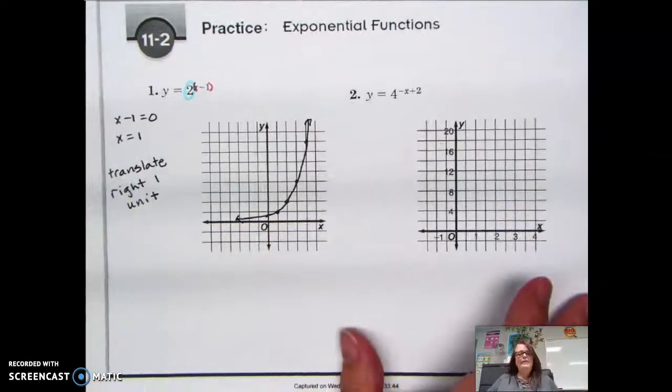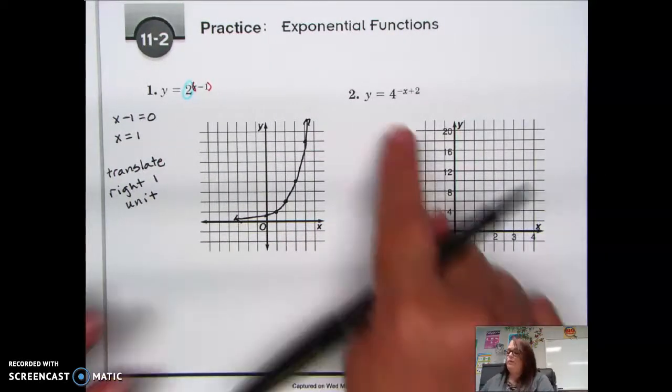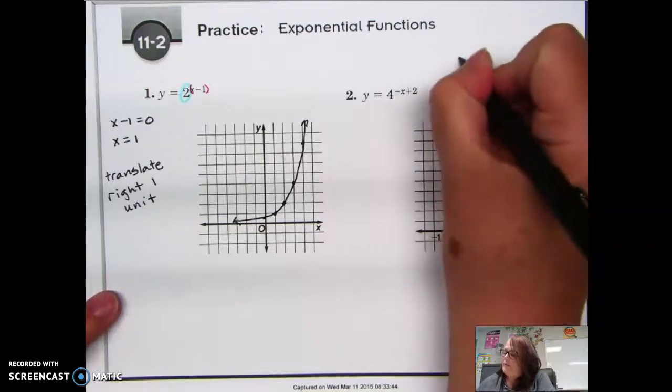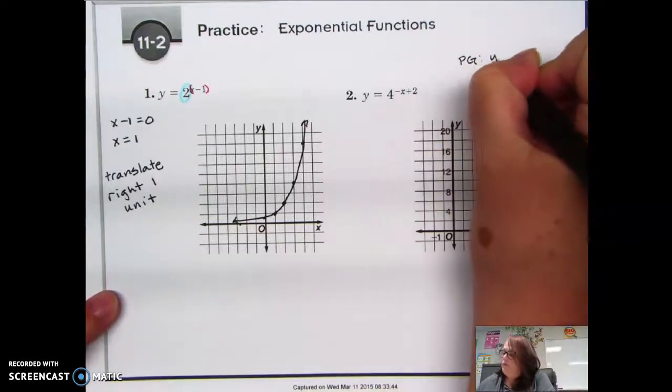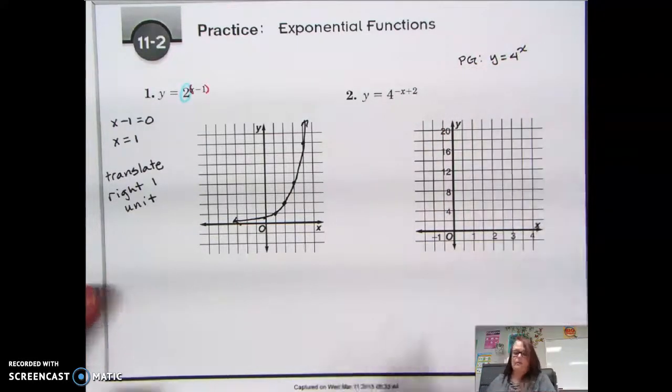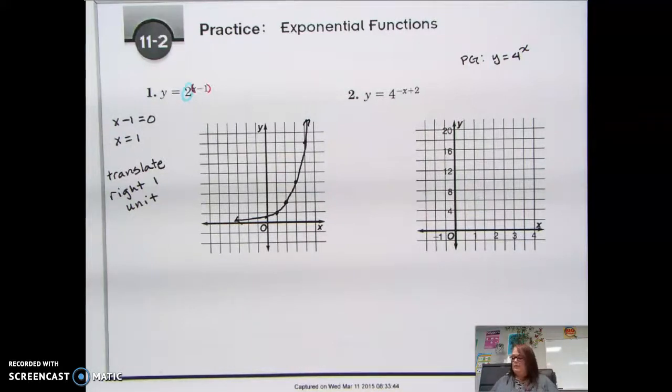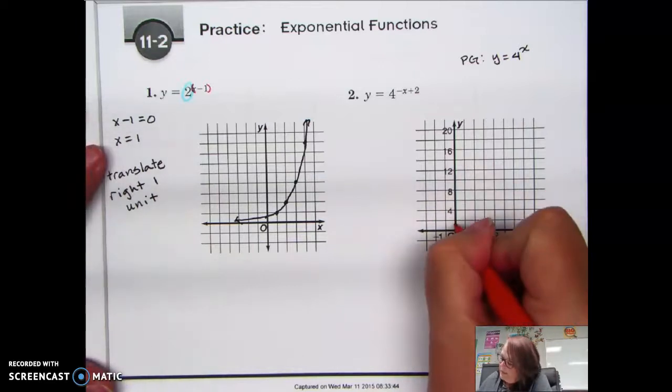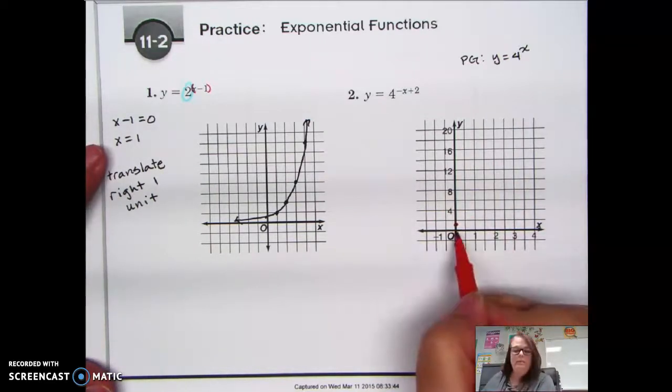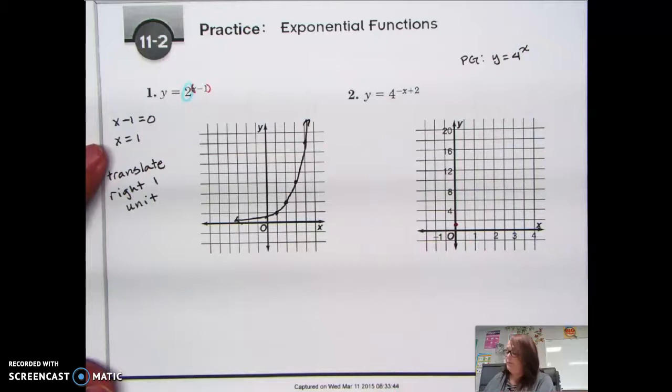So now, if I take a look at this next graph, now we're talking about the parent graph being the graph of y is equal to 4 to the x power. So let's take a look at what that would look like. So any number to the 0 power is 1, so that's going to be half of a step up because each step is up 2.